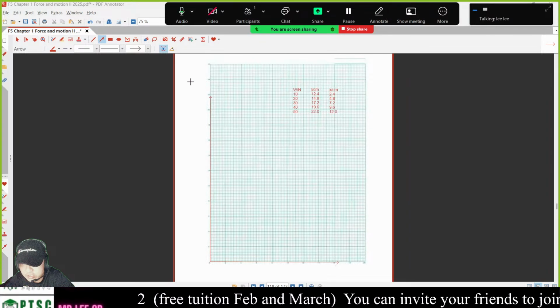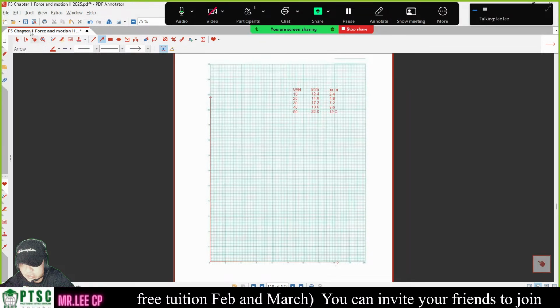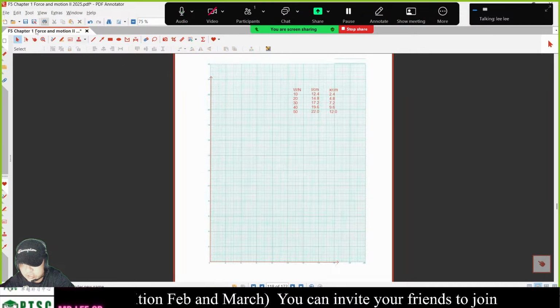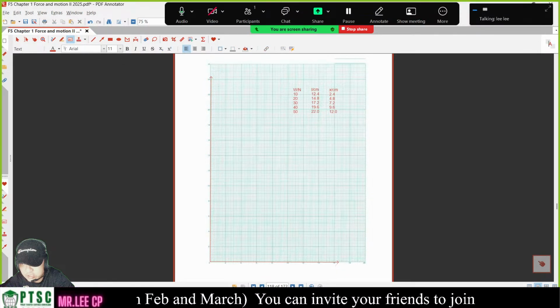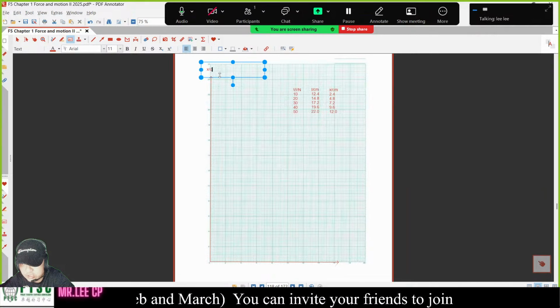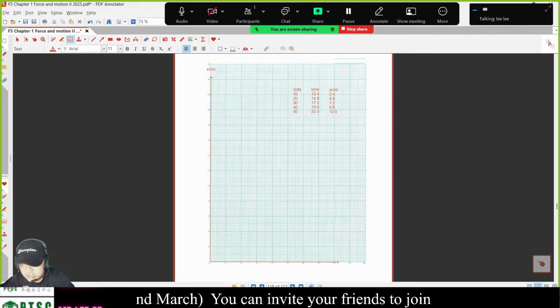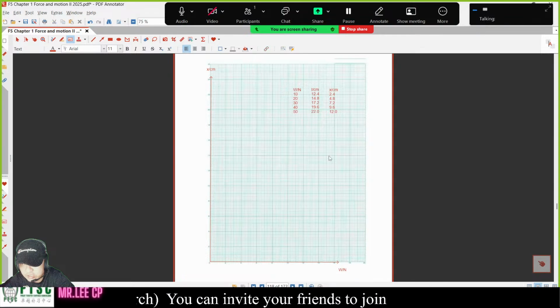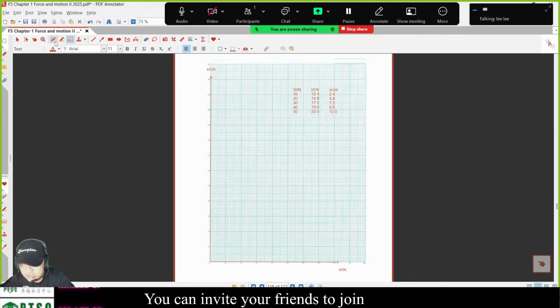So label your y-axis and x-axis. This one I need to extend slightly. This is your x in cm. This one will be your W in Newton. So I'm going to plot the first point.